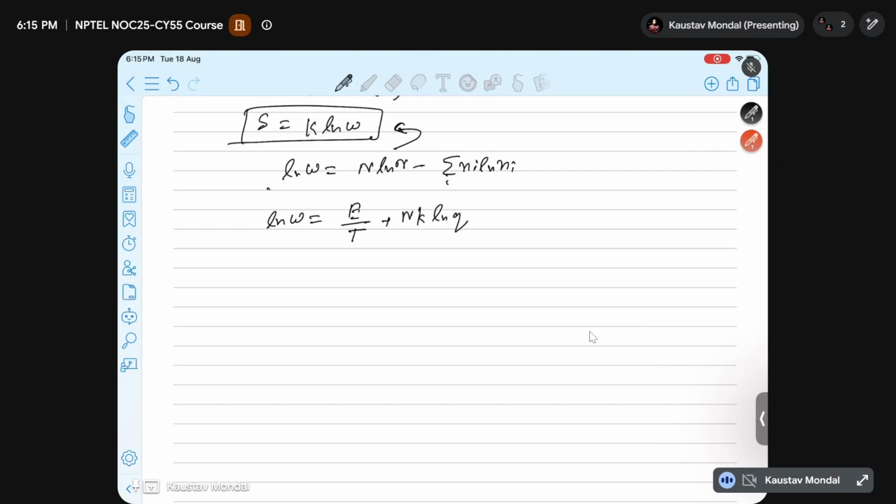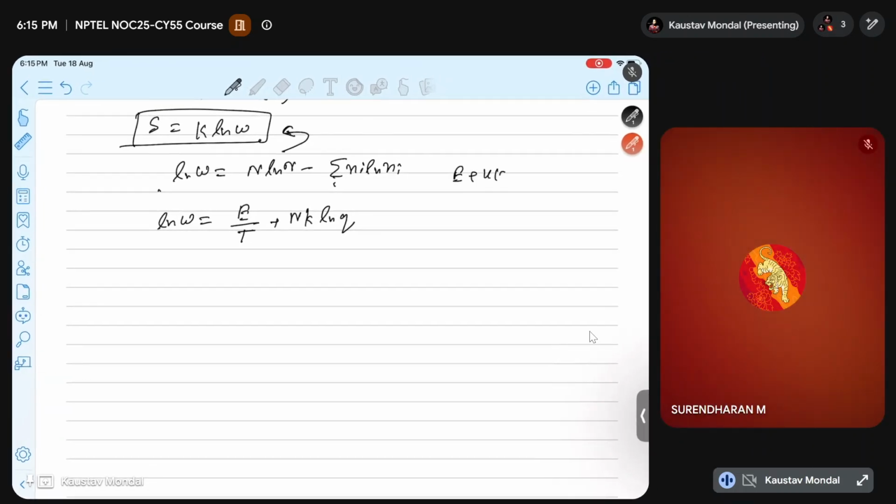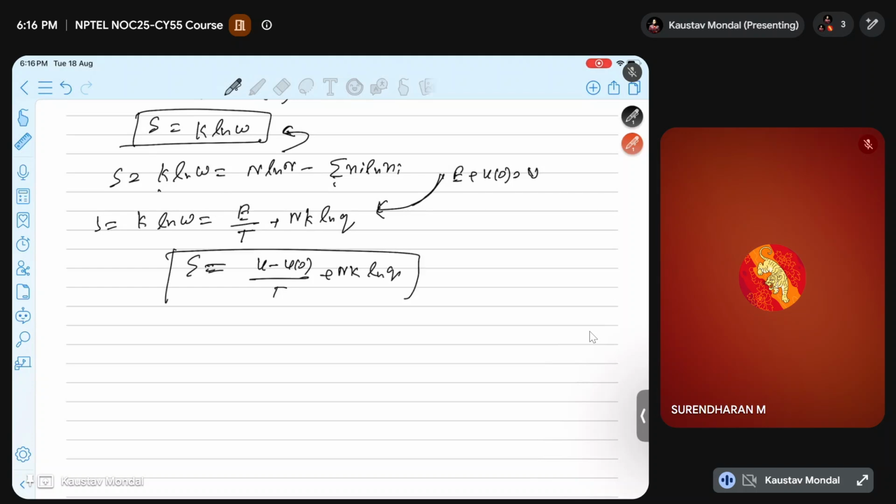So E, we know, E plus U0 is basically U. So you can substitute this relation here. After doing that, you will get S equal to (U minus U0) by T plus NK ln Q. So this is the expression of the entropy of the system.